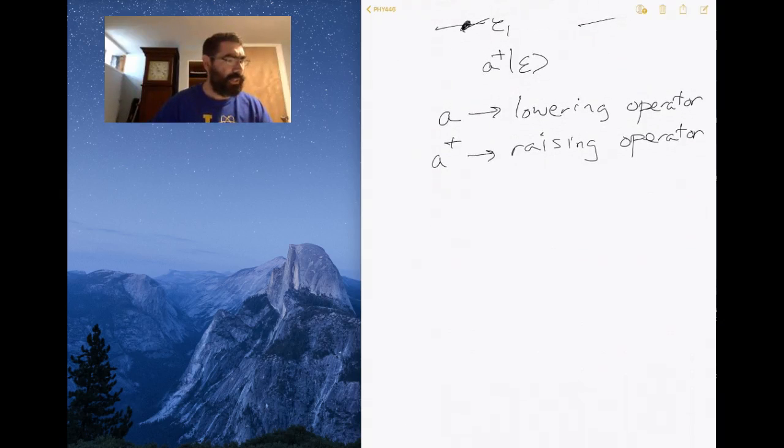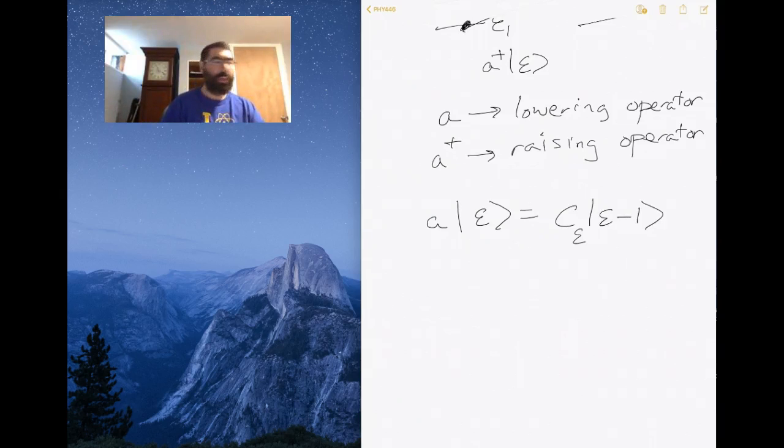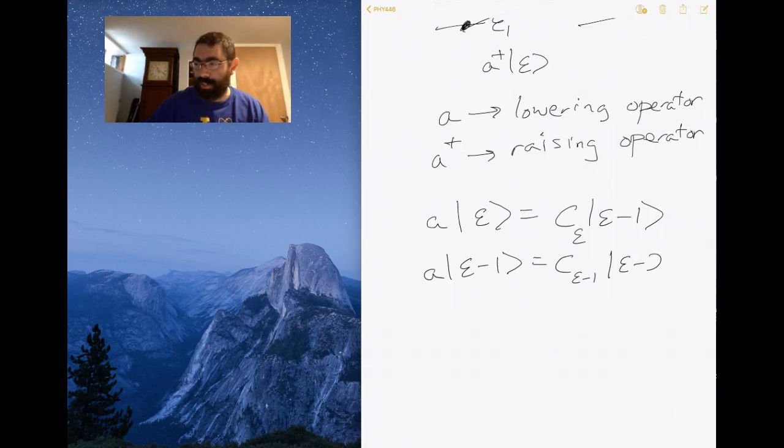We could take A and apply it to epsilon, which would give us the eigenvalue C epsilon and move it to the new state epsilon minus 1. We could apply A again to epsilon minus 1, which would give us C epsilon minus 1, and move us to epsilon minus 2.